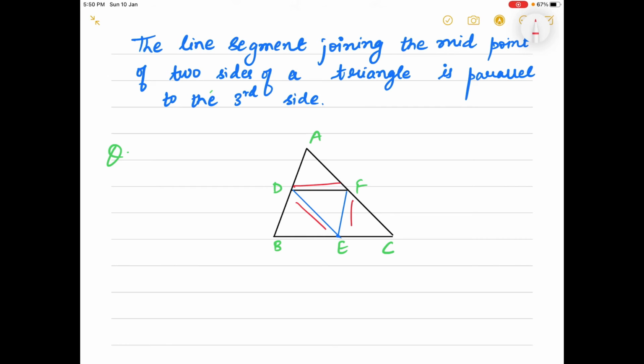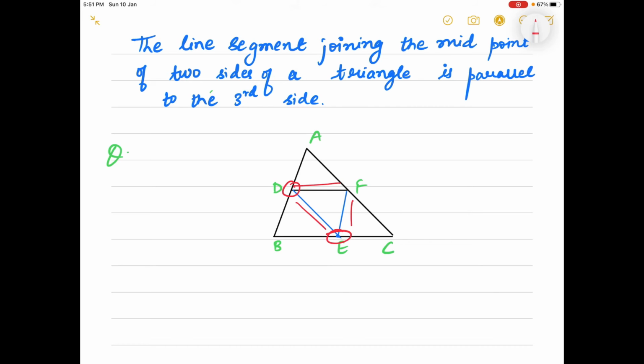So as D and E are midpoints of side AB and side BC, DE will be parallel to AC, as D and E are the midpoints of side AB and BC of the triangle ABC.